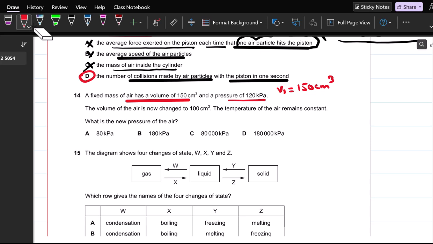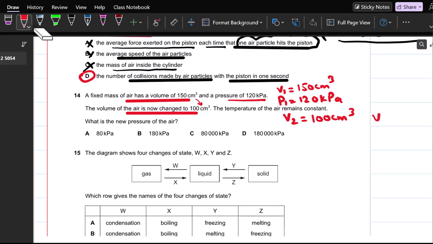At that time यानी जब ये वॉल्यूम है तो प्रेशर is 120 kilopascal. The volume of the air is now changed to 100 centimeter cube. New volume, I named it as V2. It is 100 centimeter cube. यानी वॉल्यूम चेंज हो गया है, कम हो गया है. पहले 150 था, अब कम हो गया है.